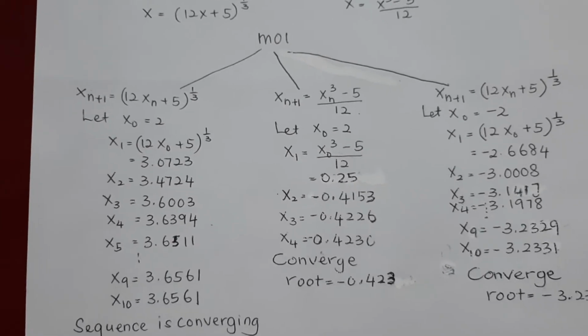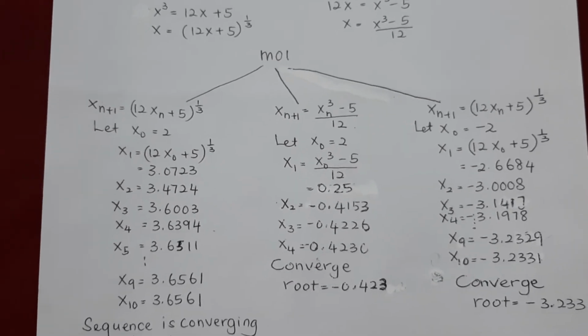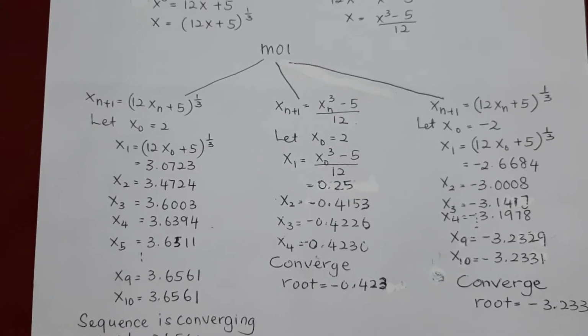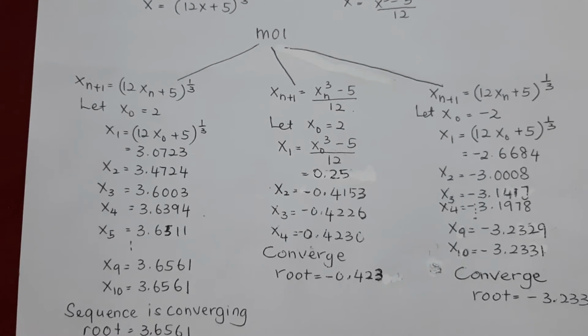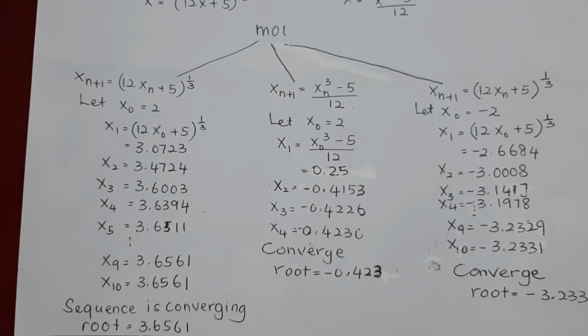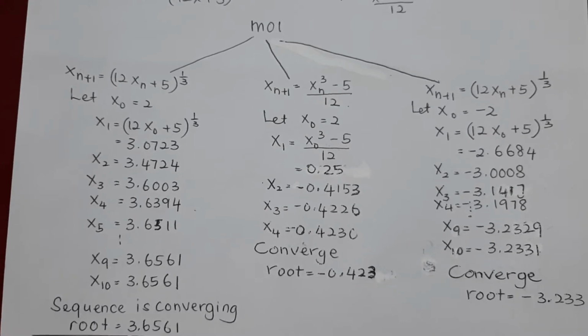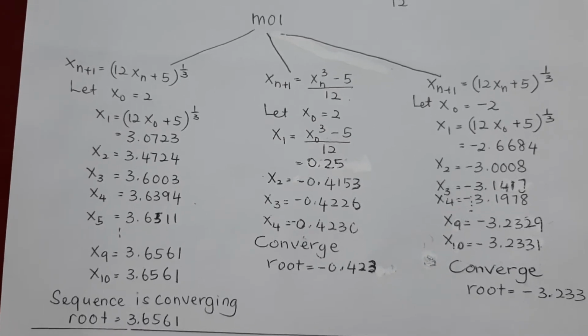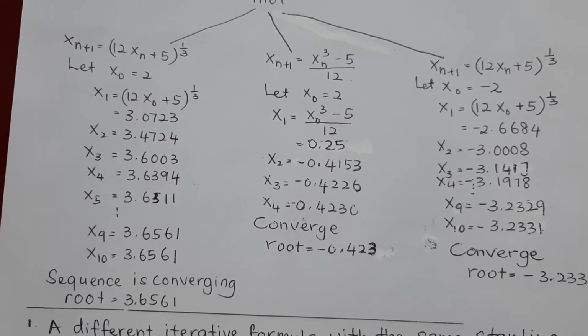Let's look at the second set of iteration using the second formula of MOI, x cubed minus 5 divided by 12. Let's start with the same initial guess as before, x naught equals 2. Do the iterations. And it converges fairly quickly, up to x4, the fourth iteration.